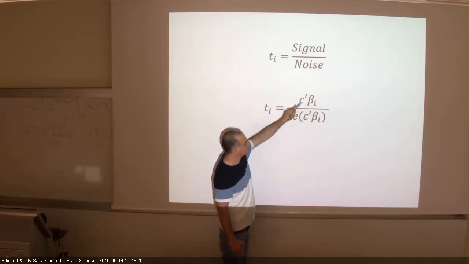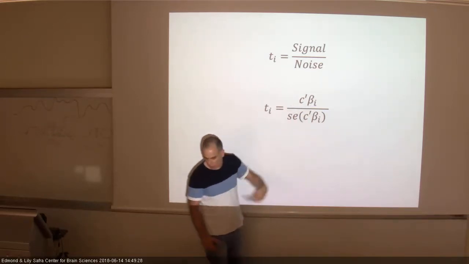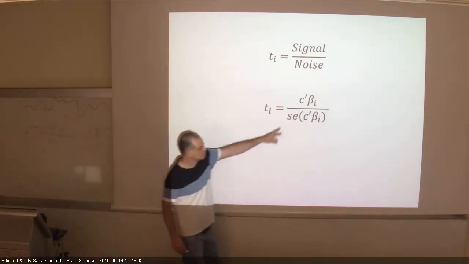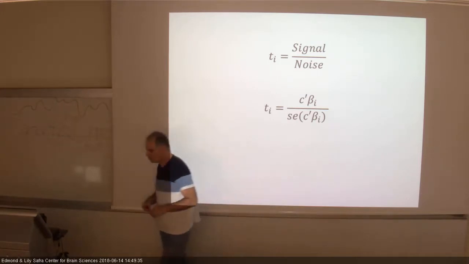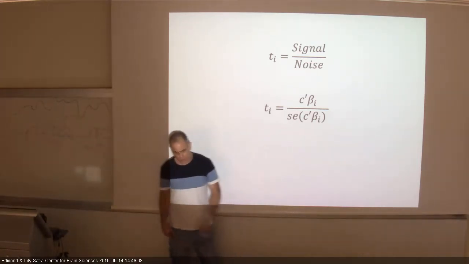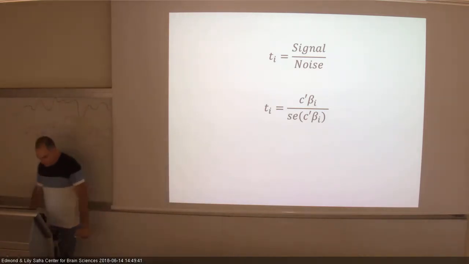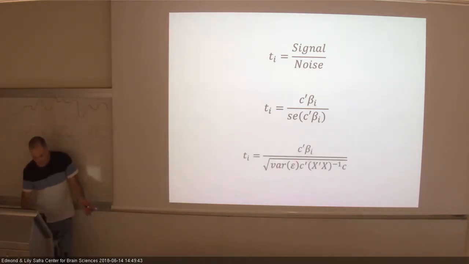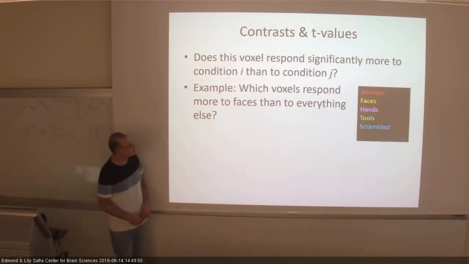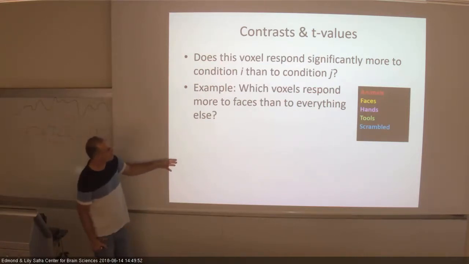You multiply it by the relevant contrast you're doing, so some of these will become zeros because they're not part of the contrast. You have some estimation of the standard error, which is an estimation of the noise in the system, and you can get t-statistics. So this is the basic idea. We'll see it in a minute on the brain.